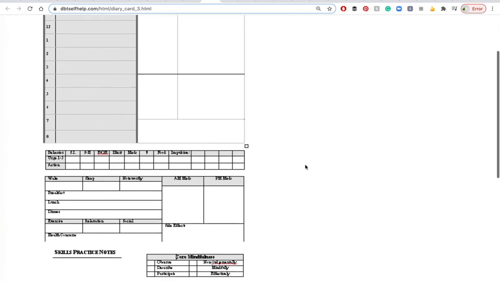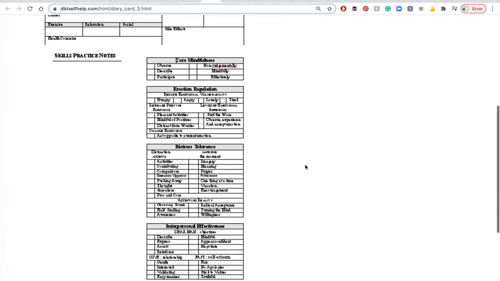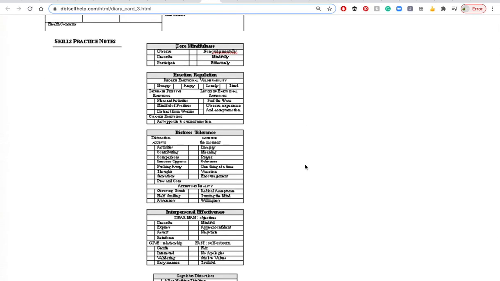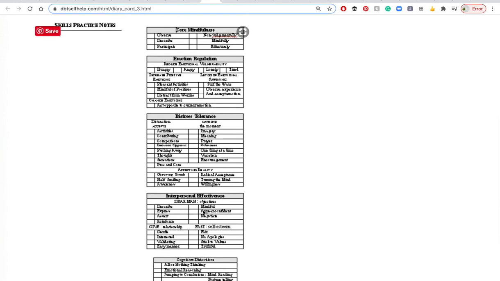Because when you look back on this, if you see that Tuesdays you're using the skill IMPROVE, a week from now you might not remember why or what went on Tuesday. If you're using specifically interpersonal effectiveness skills like DEAR MAN, you might use DEAR MAN Monday, Tuesday, Wednesday, and forget about the fact that that was the day that you had an argument with a partner, or the day that you had that meeting with your boss that was really difficult, but you were able to stand up for yourself and hold your own.